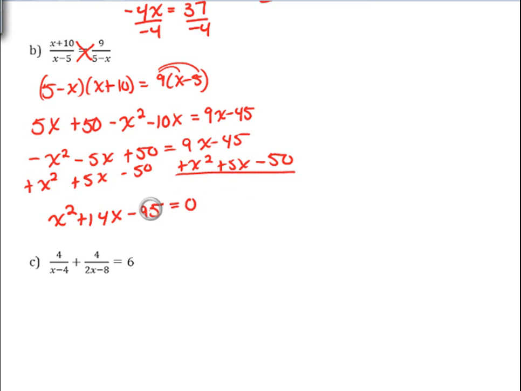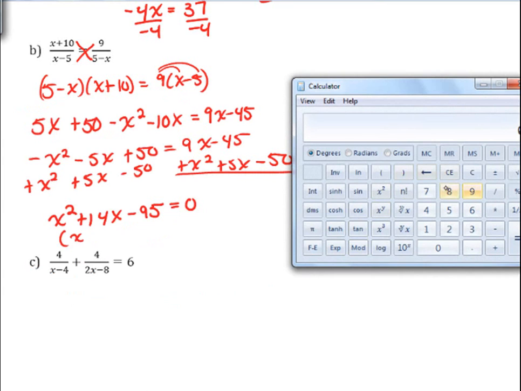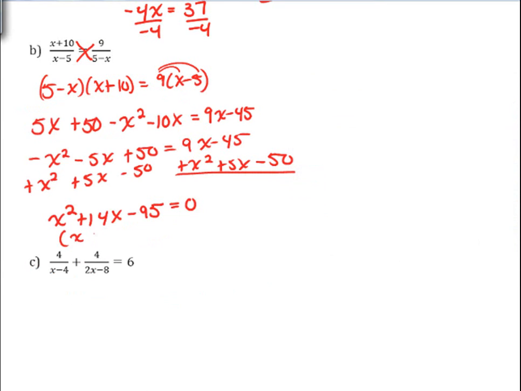So now we need to try to factor negative 95 so that the sum will give us 14. And 95, divide that by 5. And we get 19. So this will be x plus 19 times x minus 5.